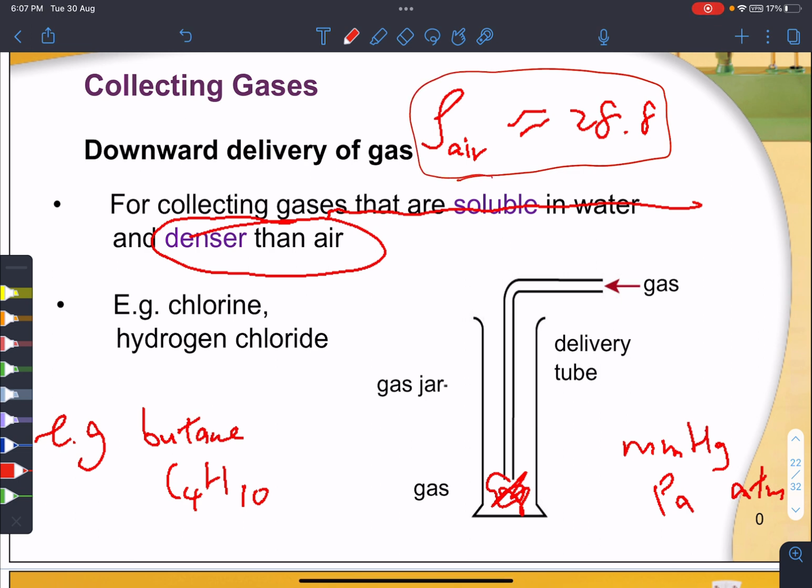Or you can think of it another way. The Mr of air is 28.8. So when you find out the Mr, when the Mr is higher than 28.8, it means it is denser lor. So for example, chlorine, Cl2, that's 35.5 times 2, 71.